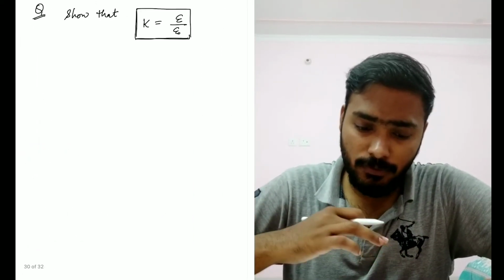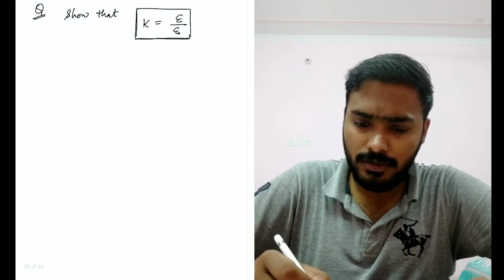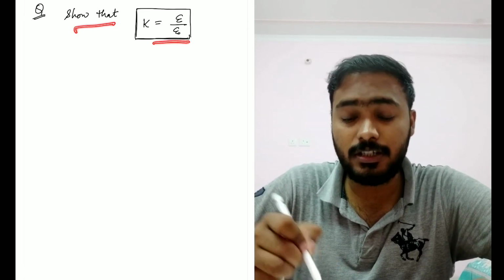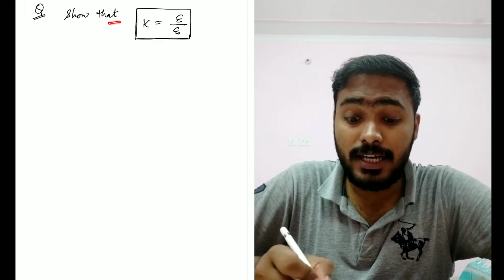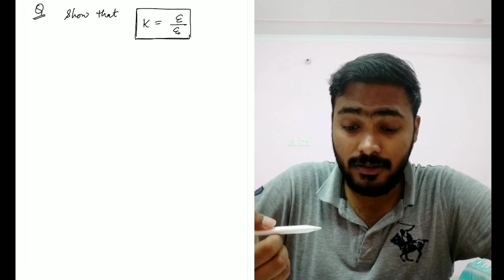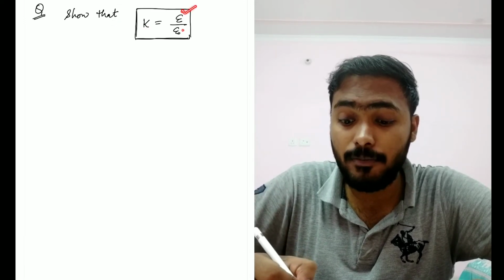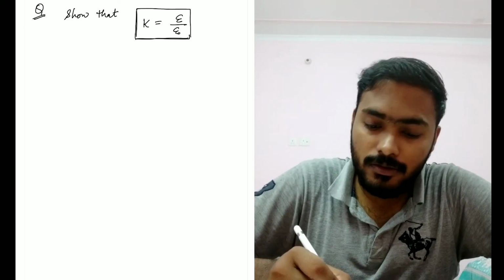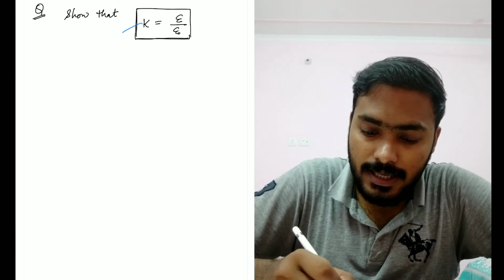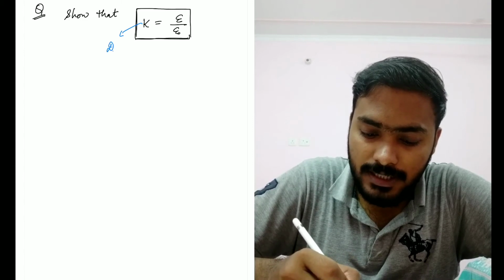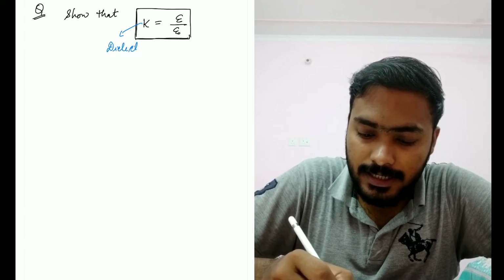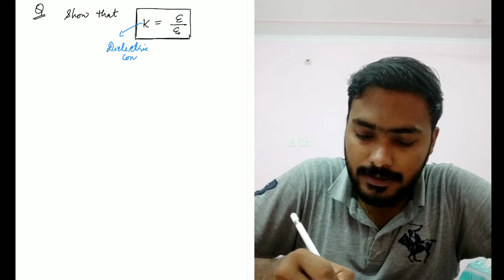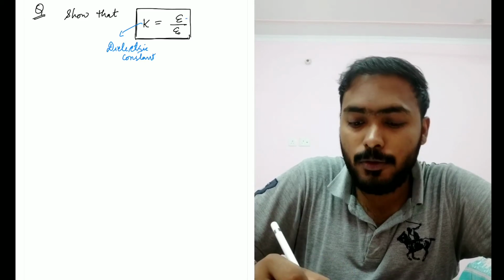Okay, let's move forward. Now here you have another question. The question is asking you to show that K, the dielectric constant, is equal to epsilon upon epsilon naught. I hope you guys remember, you can see over here, this K is your dielectric constant, right? What was epsilon?